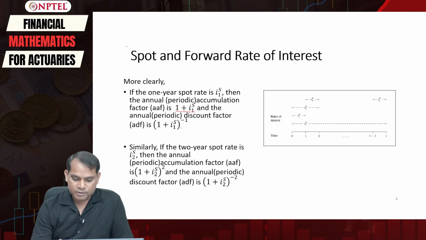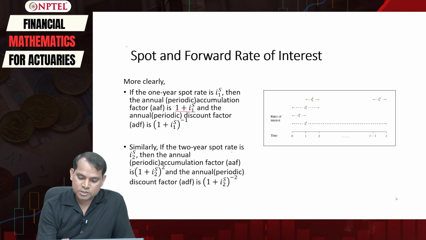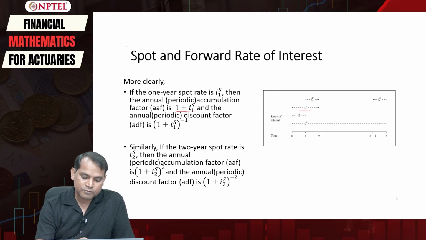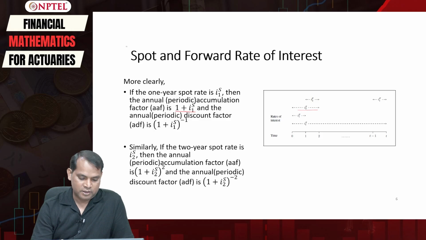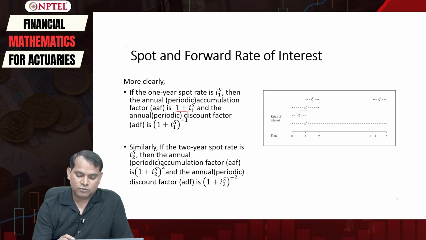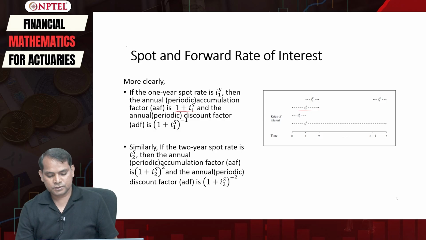Similarly, if the 2-year spot rate is I2S, then the annual periodic accumulation factor AAF is 1 plus I2S to the power 2, and the annual periodic discount factor is 1 upon 1 plus I2S to the power 2, or simply 1 plus I2S to the power minus 2.